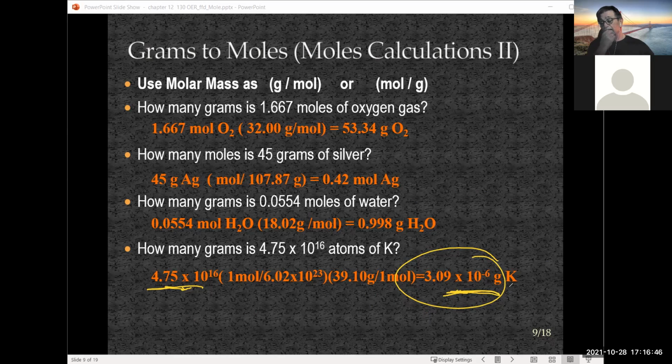Our lab would have gone maybe 4 decimal places, 10 to the -4 maybe, and that's still iffy. And so there's the potassium, very small weight, with a very large number of atoms. Again, to give you a perspective as to the size of these atoms. There's a lot, they're very, very tiny.